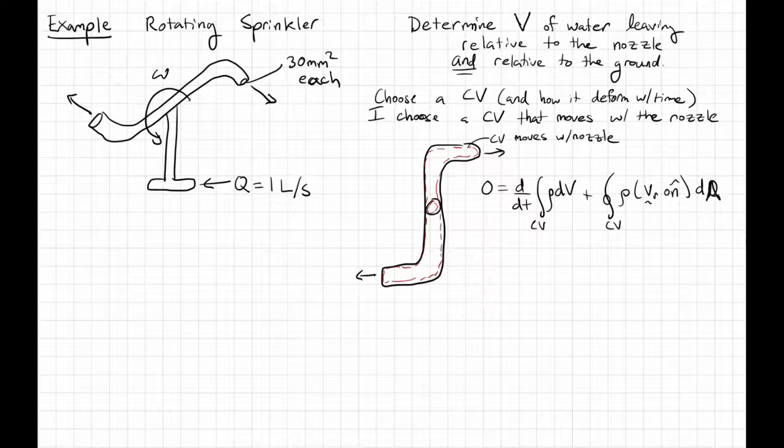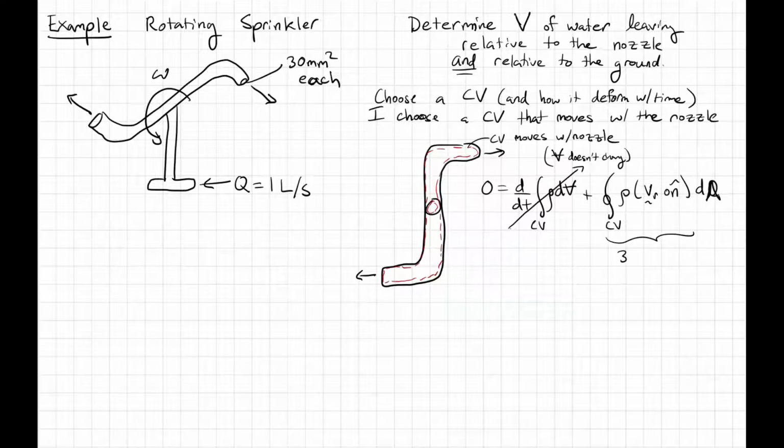That's a control surface integral over rho times the relative velocity dotted with n, integrated over the surface. That first integral is certainly zero because the volume of our control volume is not changing, even the way that we defined it. It moves with the nozzle, but the total volume contained in the nozzle doesn't change.